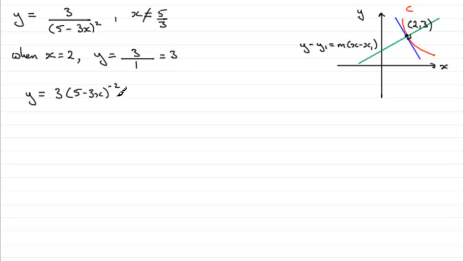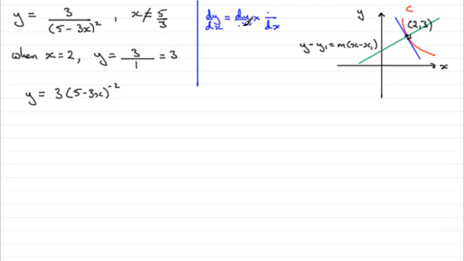When it comes to differentiating this using the chain rule, we'll just have a line down here. If you want to find dy by dx, it's the same as dy by d something multiplied by the same d something over dx. It's as if these two values cancel out. It's not strictly true, but it's as if they do.